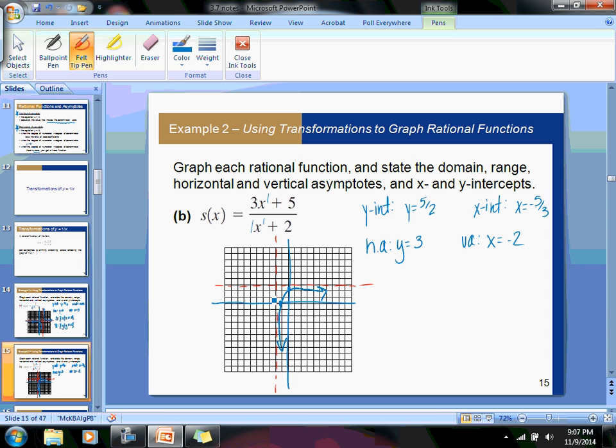If I wanted to test one more, I could do -4. If I put -4 in there, that'd be -12 plus 5. That's going to be a negative number. And then I get a negative number in the denominator. Negative divided by negative, that's a positive. So I know I would be up here. So again, I'm going to be in this 2nd quadrant where the positive values are.